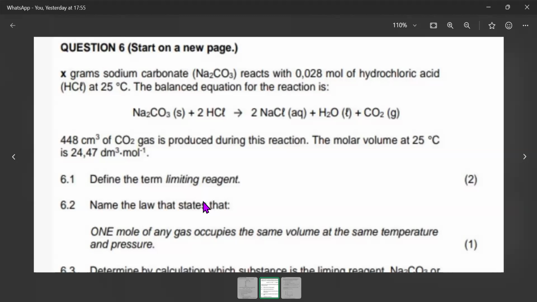But here we are still going to use the same number of moles of carbon dioxide gas, which is the product, in order to find the mass of sodium carbonate. Yes, that is what we are going to do.